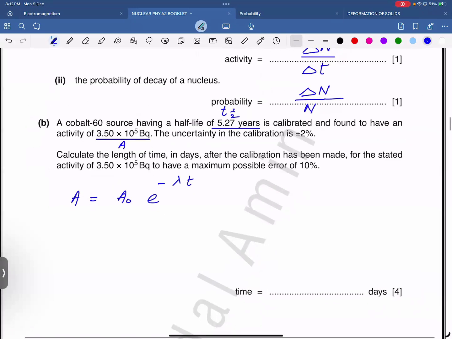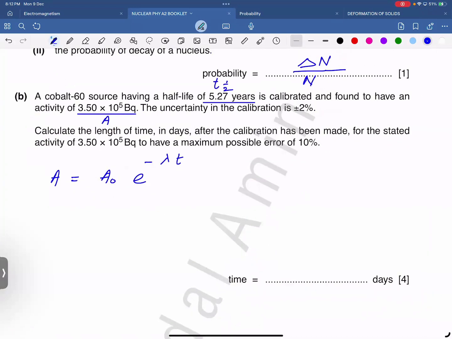So uncertainty is 2% in calibration. Maximum possible error of 10%. Listen, so you want the time.